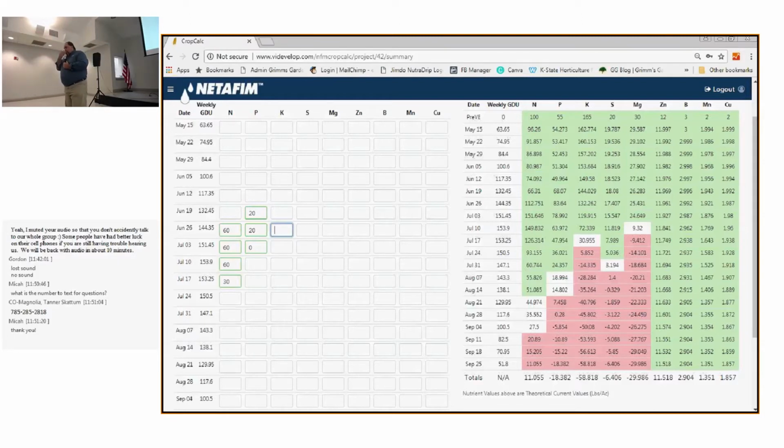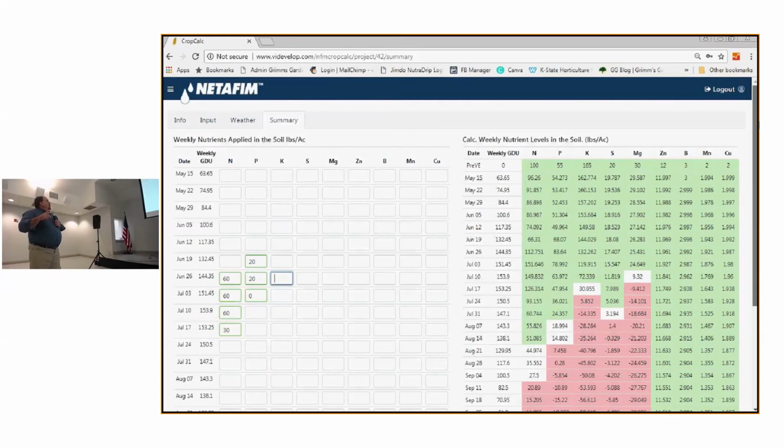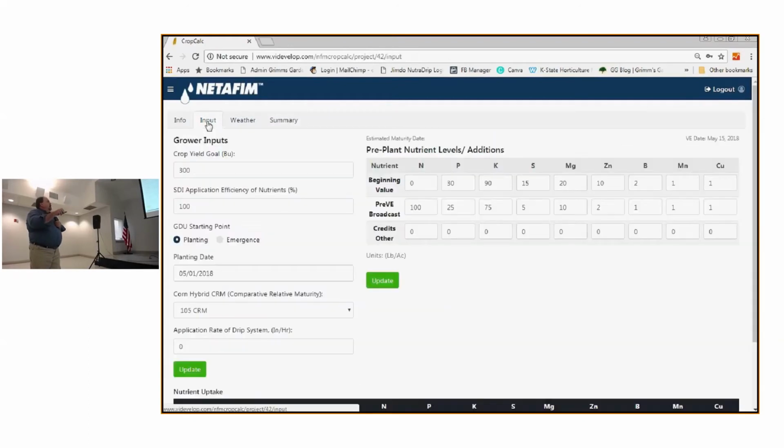Where do you account for any nitrogen in the water? The tool isn't designed to do that, but if you want to, we could do that in the uptake or the input page. Let's go back to that input page. This will answer a couple of your questions. So scroll back up. If I know I'm going to get 30 pounds of nitrogen through the year with my water, you can add that as a credit there if you would like.